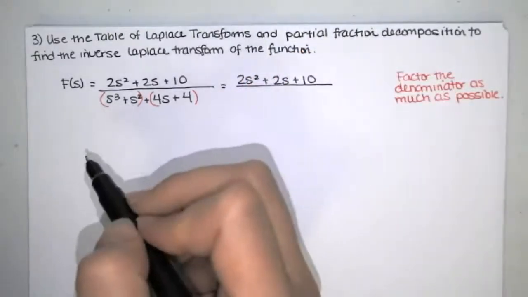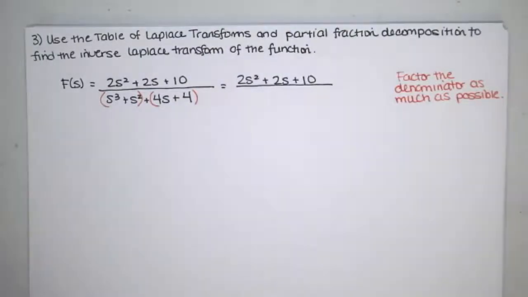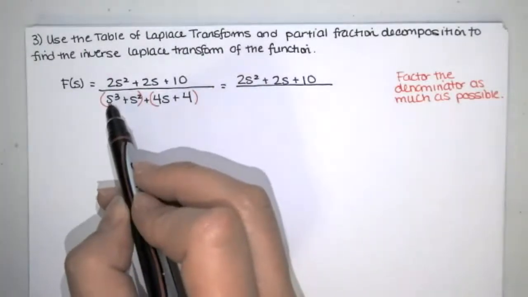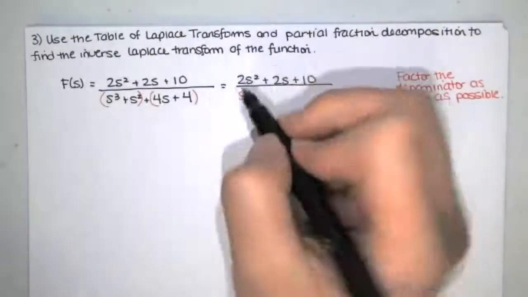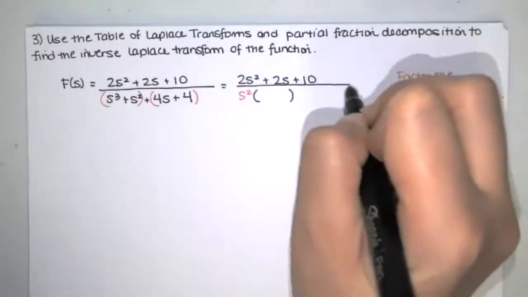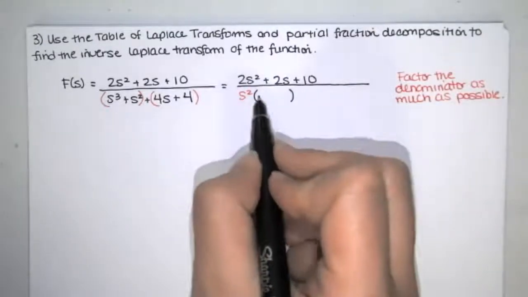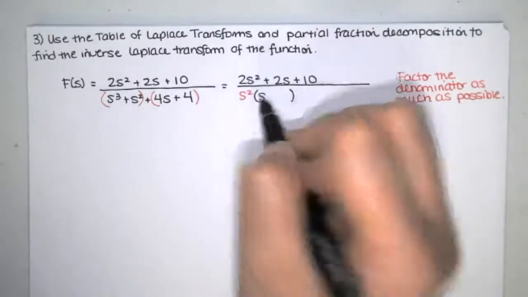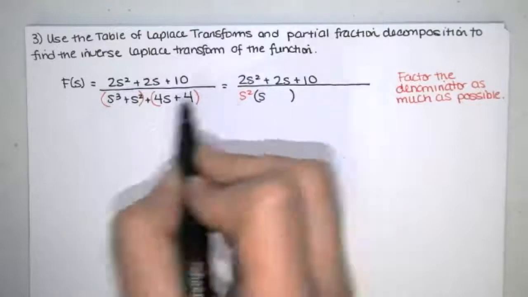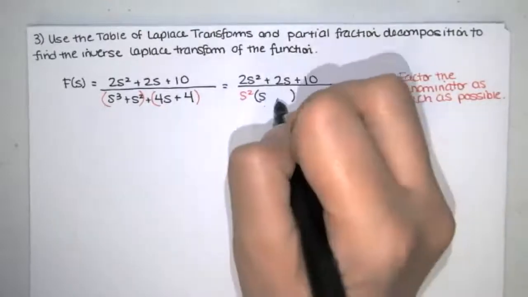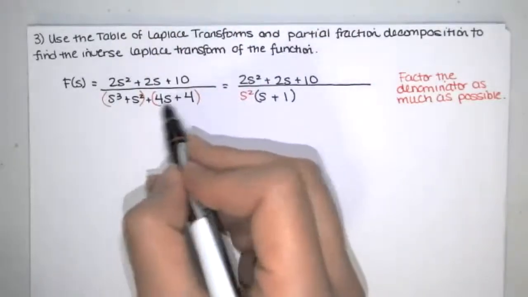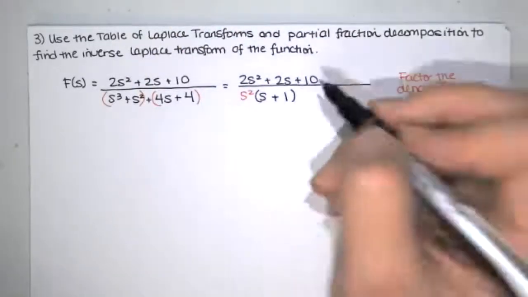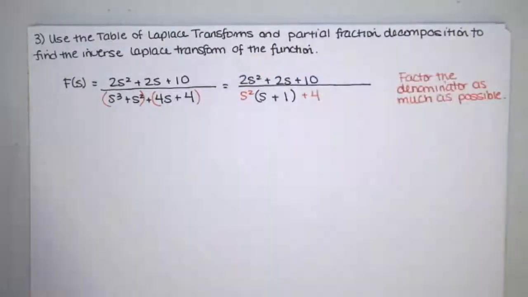If I group these two together and I'm factoring out any common factors that I see, s cubed and s squared have an s squared in common. Then I just ask myself, s squared times what will give me s cubed? That's a single s. And s squared times what will give me a positive s squared? It's just a 1. Now over here, we want to factor out whatever 4s and 4 have in common. That's a 4.